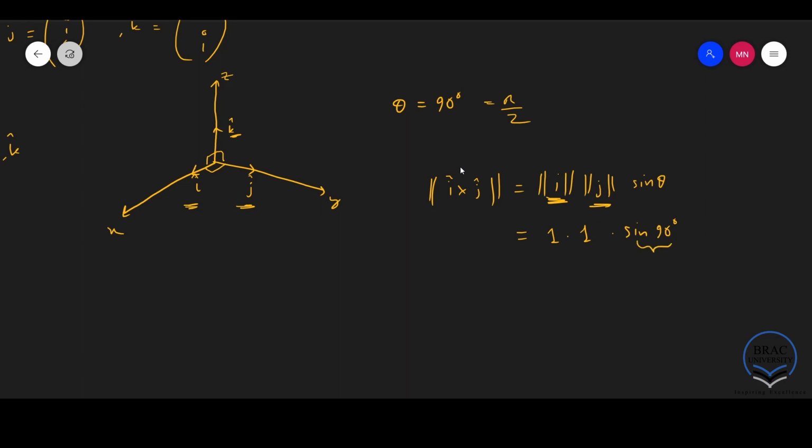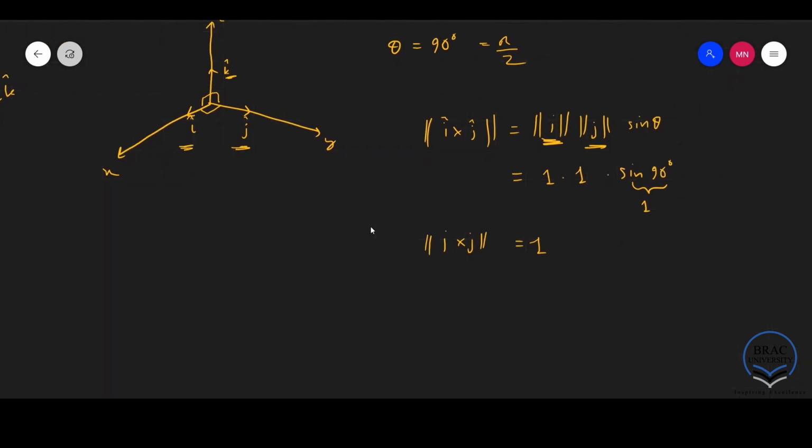And this itself is just equal to 1. So the magnitude of i cross j is just equal to 1. Similarly, if I do the same for j cross k, as well as k cross i, I will find that these are all equal to 1. They have a magnitude of 1 unit.